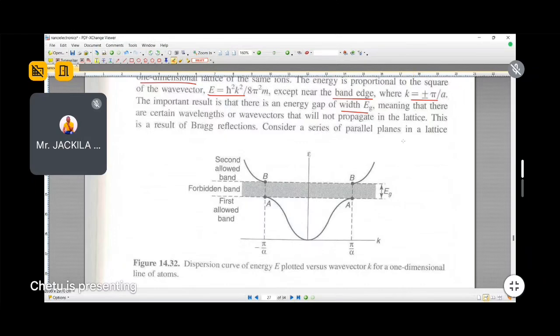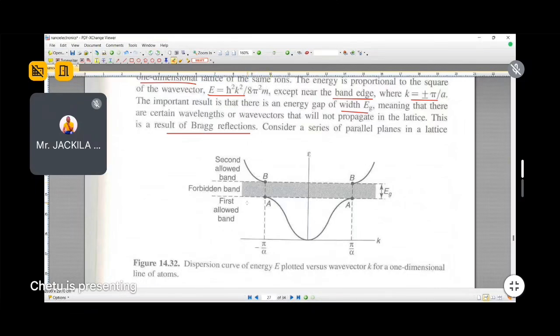This is a result of Bragg reflection, which we have seen in the case of X-rays: n lambda equal to 2d sine theta. That is the condition which has to be satisfied.